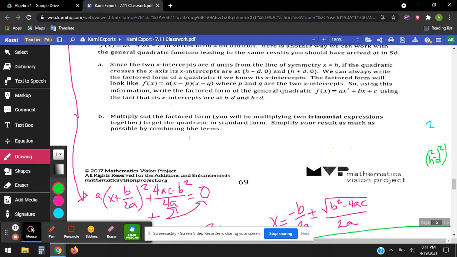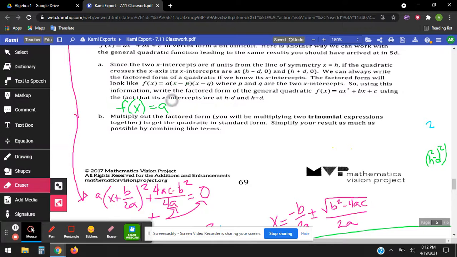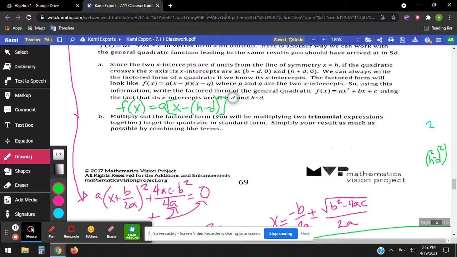So the factored form is f of x equals a, in brackets because I'm going to have a lot of parentheses, x minus (h minus d), multiplied by the other one, x minus (h plus d).